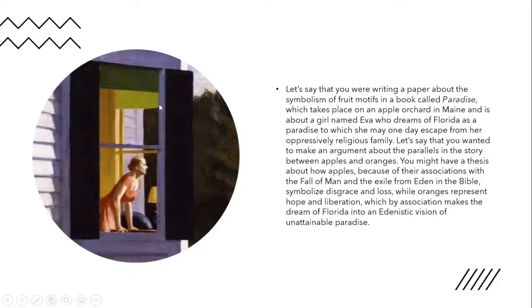Right, so for each of the structural models that we're talking about today, I've created a little sample outline. So for the subject by subject model, let's say that you were writing a paper about the symbolism of fruit motifs in a book called Paradise, which, by the way, is not an actual book.